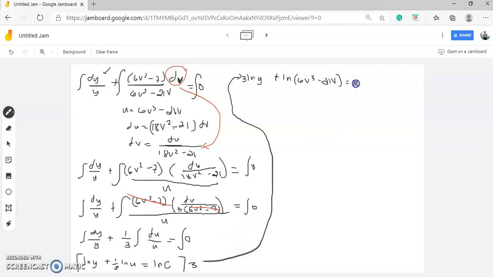So you have ln y cubed plus ln of (6v cubed minus 21v) equals ln c cubed.